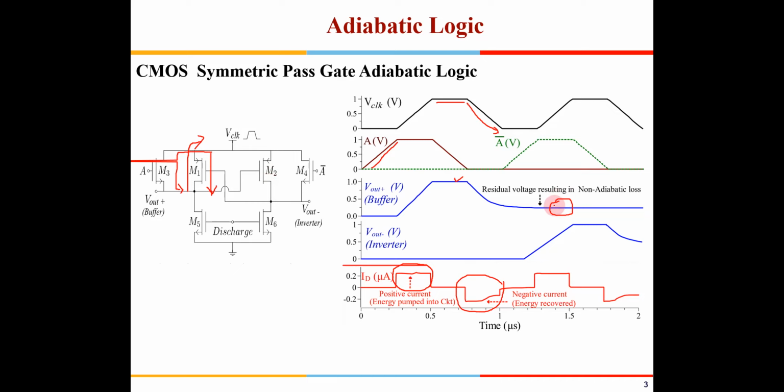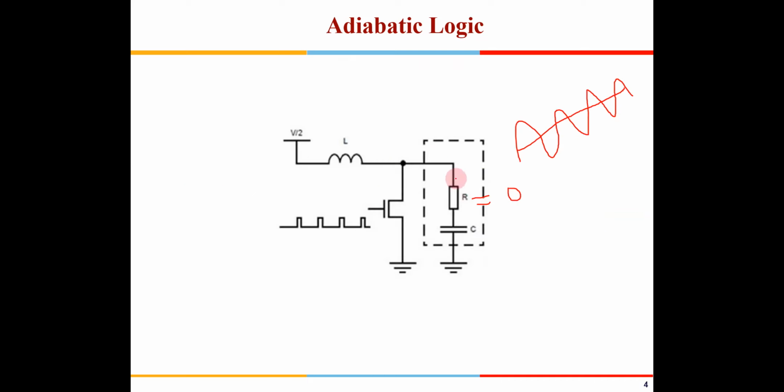So 100% charge is not recovered, so some charge is lost there, and also because of this resistance, some heat and some energy will be dissipated. So this will be a damping signal. Actually it will go like this, and then it will slowly die down.